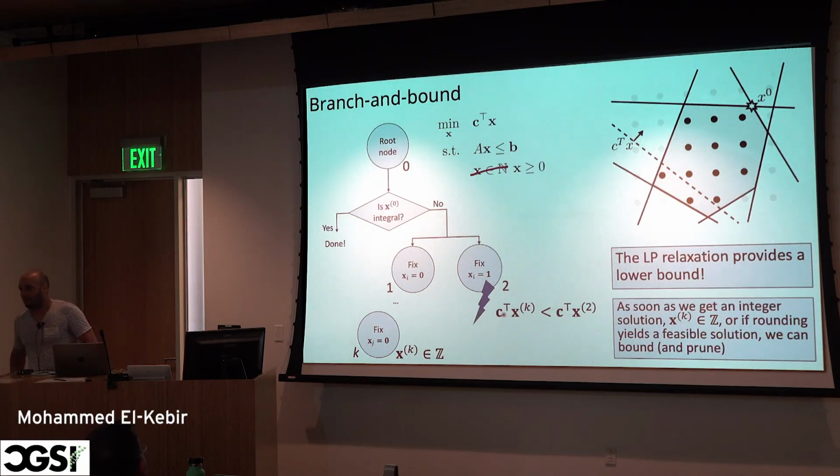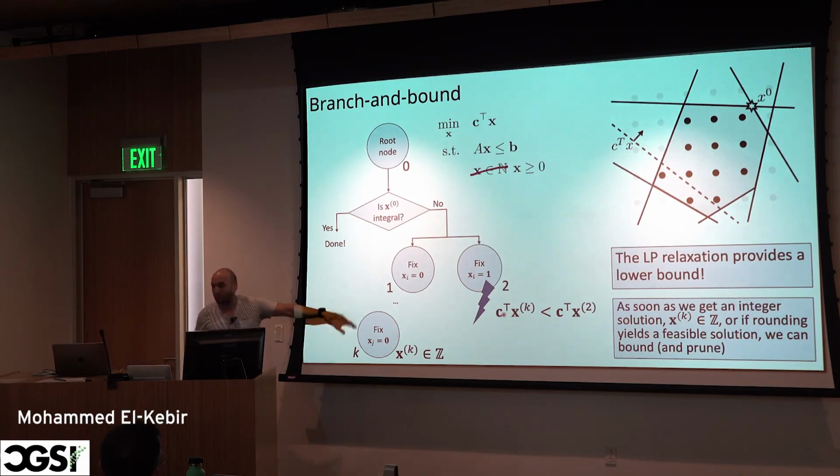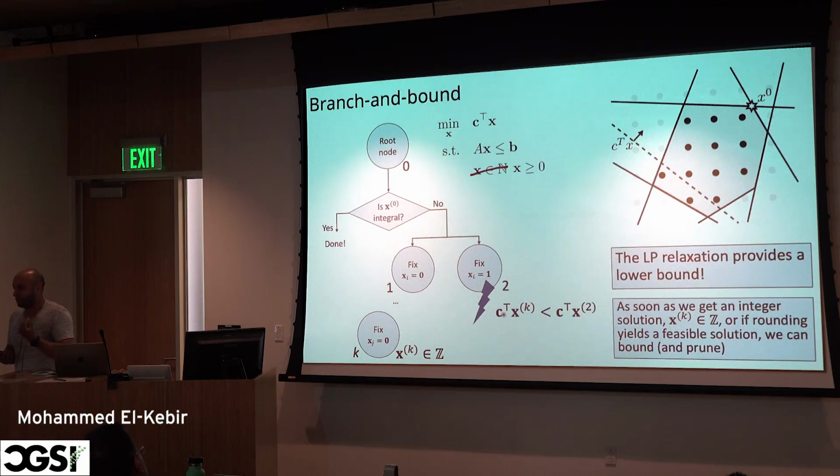When we prune, what's happening is that at some point we got a solution that is feasible. It means 2 things. It's integer, okay? And it also satisfies all the constraints. So it's a valid solution to the original problem. It might not be optimal, but it is a feasible solution, okay?